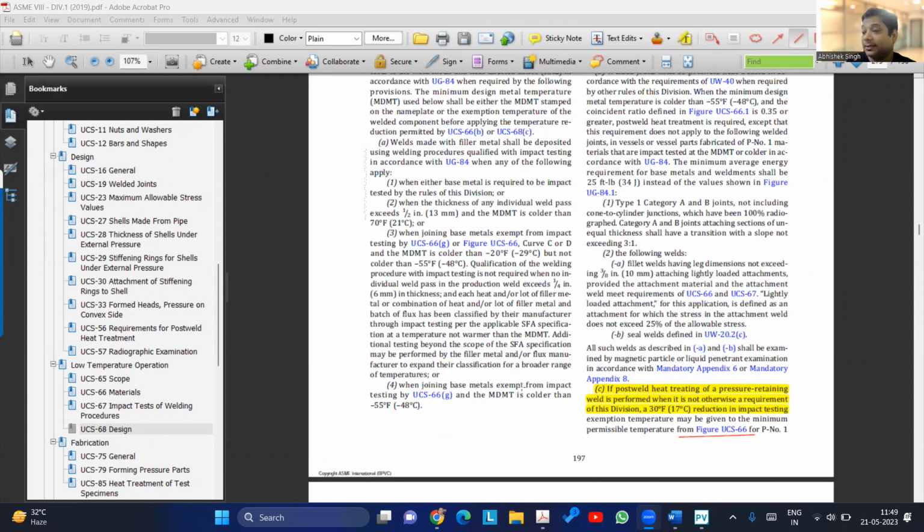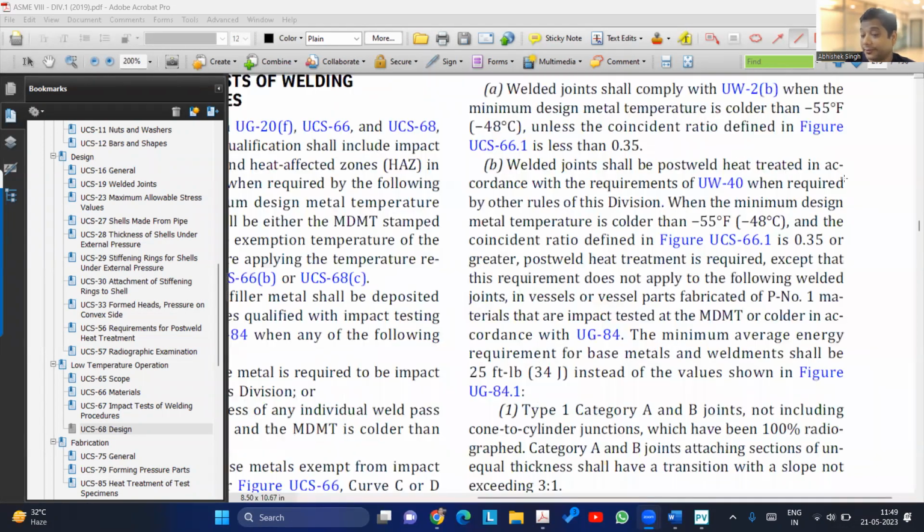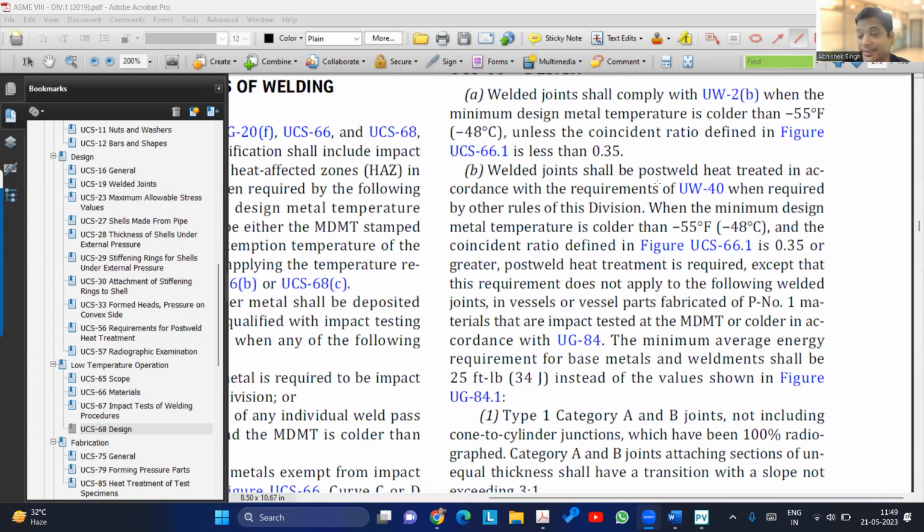See, you are getting confused because you are referring to this also. Now, if you read this, then it may make some sense. Let us read this. The welded joint shall be post-weld heat treated in accordance with UW-40 procedure. So here it is talking about only the procedure. When the minimum design metal temperature is colder than minus 48 and the coincident ratio is 0.35 or greater, PWHT is required.